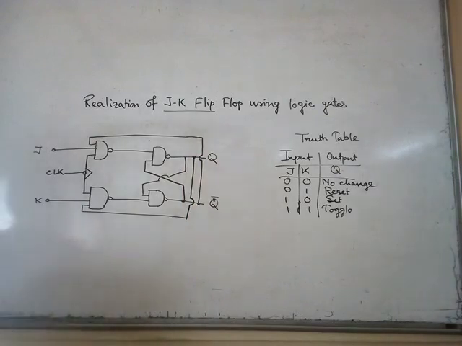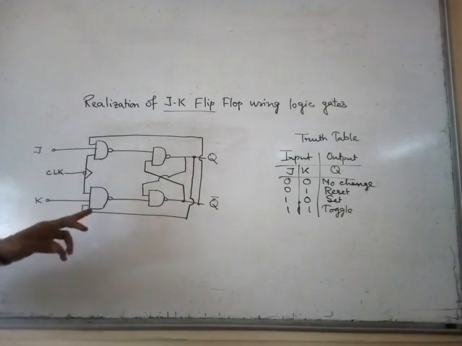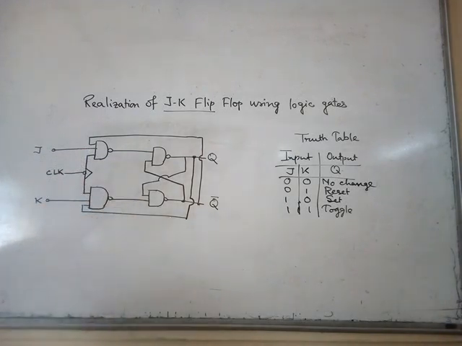So this is the circuit diagram of JK flip-flop. We can see there are two types of gate used: a 3 input NAND gate and a 2 input NAND gate.